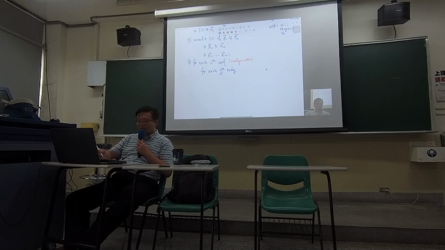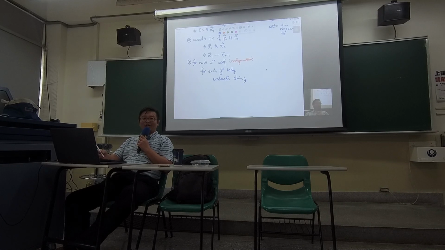You need to evaluate the minimum distance between the jth body and the obstacle Q. You do all of them.